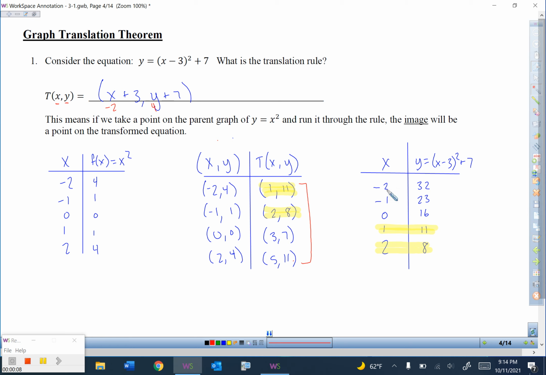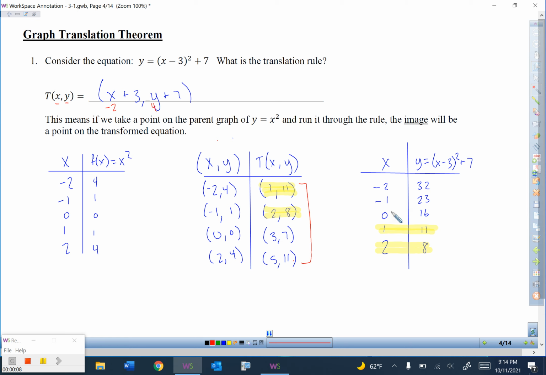Because I started with -2 again, I just plugged it in here. -2 minus 3, -5 squared is 25 plus 7 is 32. I just went down the row until I saw some repeated values. And you'll notice we've got 11 that corresponded to the original -2, 4. If I were to continue this pattern, you'd end up seeing the rest of these values.